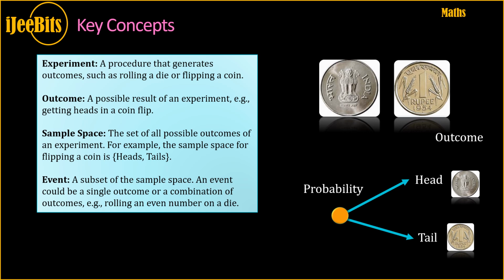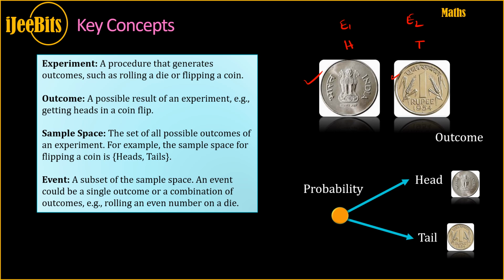So for instance, you are conducting an experiment. The experiment is basically for generating outcomes. An outcome could be getting head, which is one outcome, and getting tail, which is another outcome. These are the two events: this is event one, this is event two.